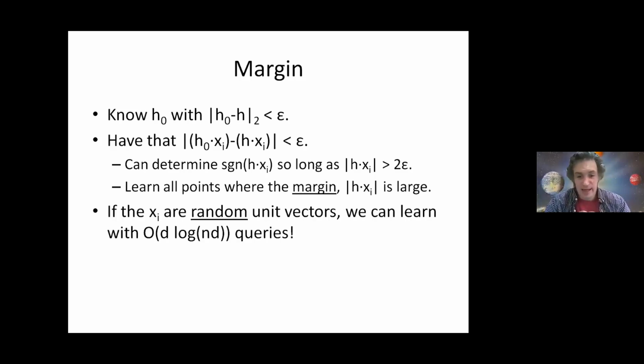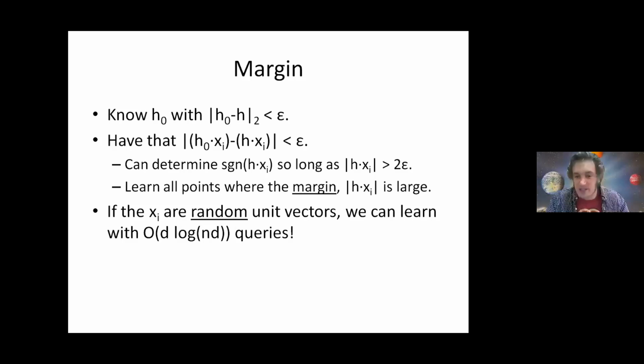And so for any non-degenerate instance, we've already solved the problem. If the x_i were random unit vectors, they should all have margin at least something like 1 over n root d. And so with only O of d log n times d queries, we would just be done.